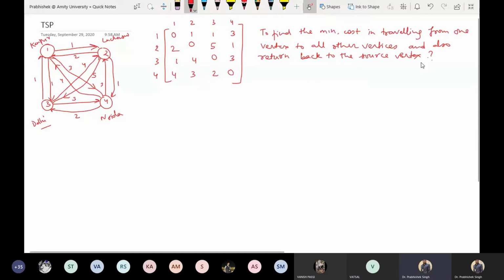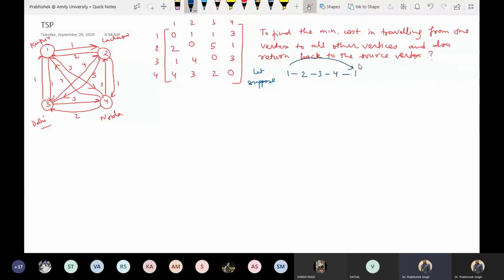For example, let's say this is a graph and we have to solve this graph. Let's suppose I have to find the minimum path. Let's say one path is 1 to 2, 2 to 3, 3 to 4, 4 to 1. Why 1 at the end?